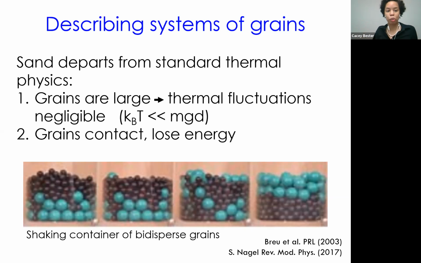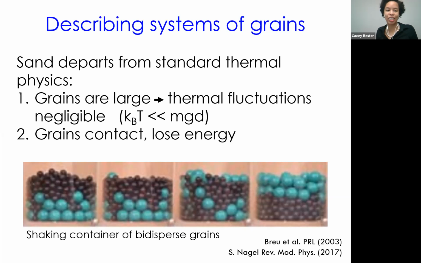Now, entropy would encourage the mixing of these grains, but instead what we see is dynamical effects are more important and the grains segregate so that the larger grains are at the top of the container and the smaller grains are at the bottom. This phenomenon is known as the Brazil nut effect.